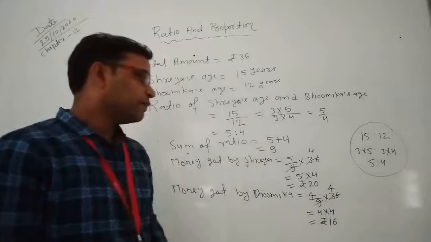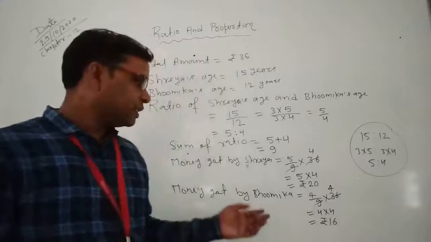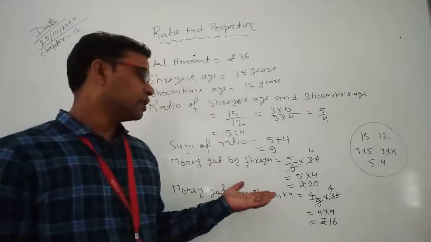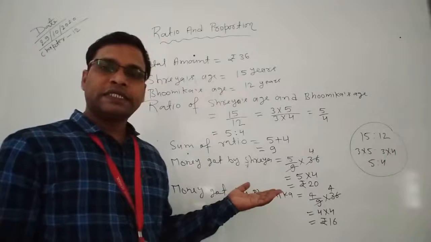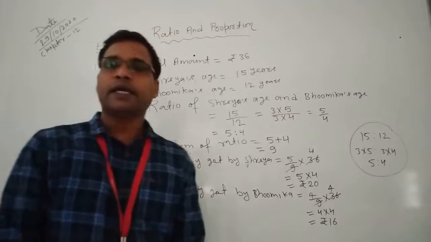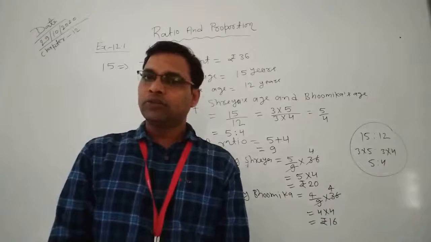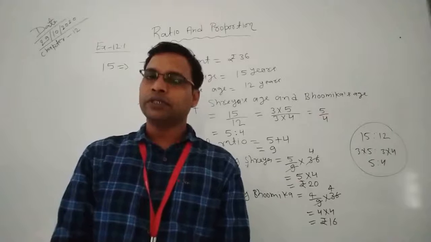Now we get 4 into 4, which is 16. So in this way the amounts Shreya and Bhumika will get are 20 rupees and 16 rupees respectively. So it's done. I hope all of you understood this question.